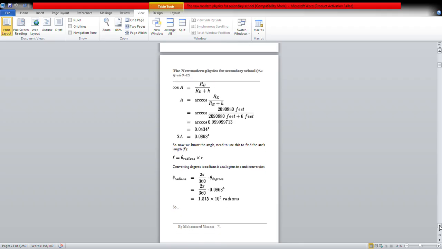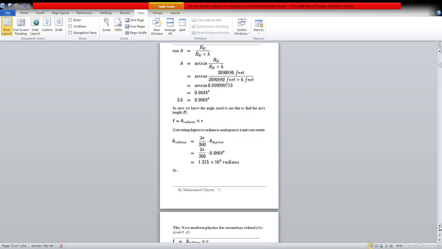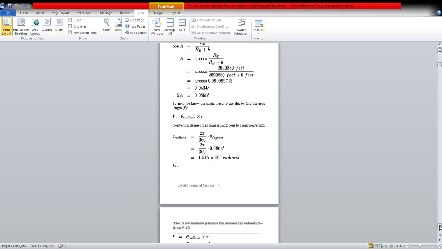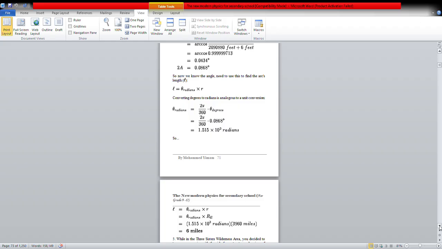This is to find the arc's length L. L is equal to theta in radians times R. As you know, this is the formula. Converting degrees to radians is analogous to a unit conversion. Theta in radians is equal to 2 pi over 360 multiplied by theta in degrees, which is equal to 2 pi over 360 times 0.0868 degrees, which is equal to 1.515 times 10 to the power of minus 3 radians.